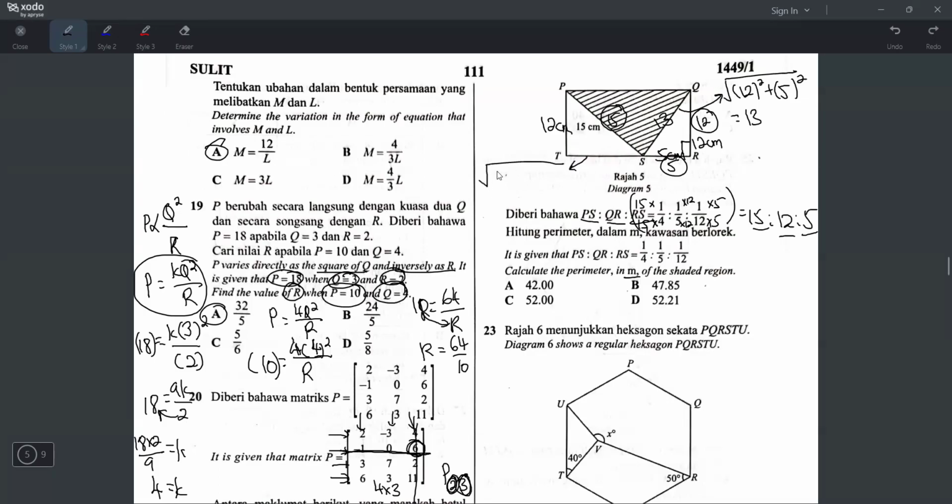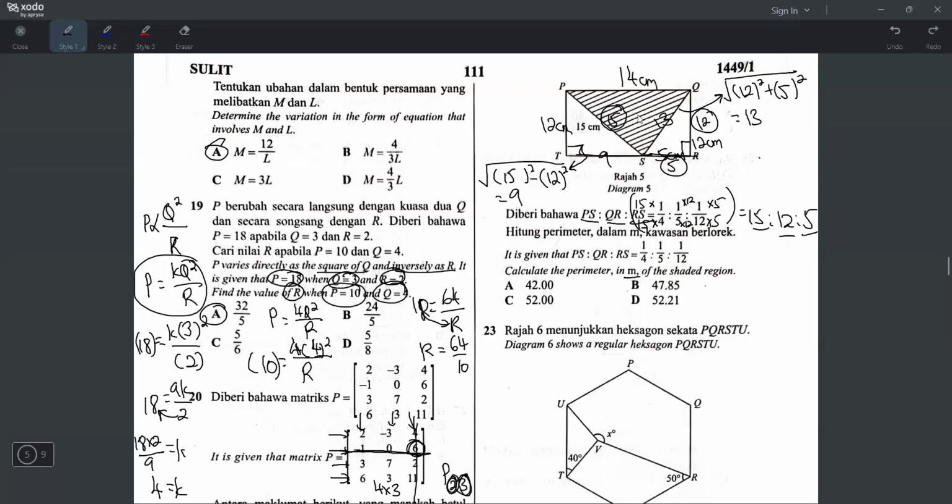Use Pythagoras theorem, square root bracket square bracket square. And why you can use Pythagoras is because it's a right angle triangle. Dia ada 90 degree. So sini masuk 15, sini masuk 12. Tapi kali ni kena minus. Why minus? Because this is not the longest side. Dia bukan side paling panjang. That's why lah. So you dapat 9 sini. So 9 tambah 5 dapat 14 sini kan.